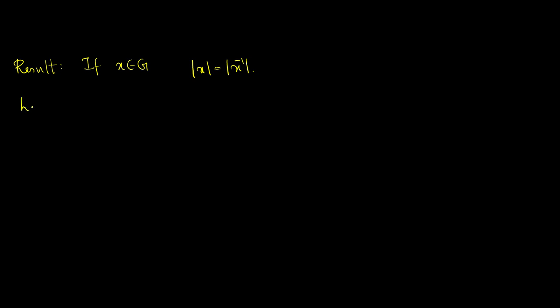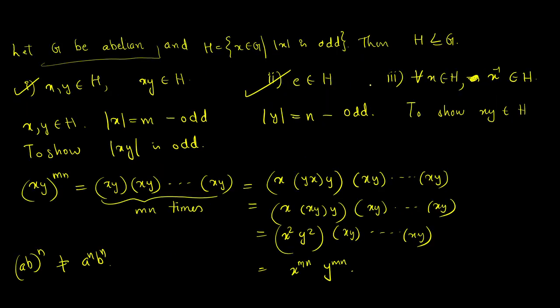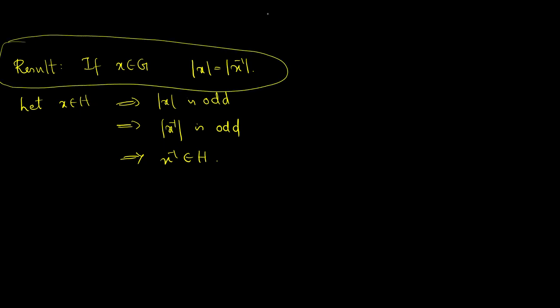Now let x be in H. Then the order of x is odd, which implies the order of x inverse is odd, which implies that x inverse must be in H. So all the conditions are satisfied and hence H is a subgroup of G. I have to prove these two results, which will be done in one of the later videos.